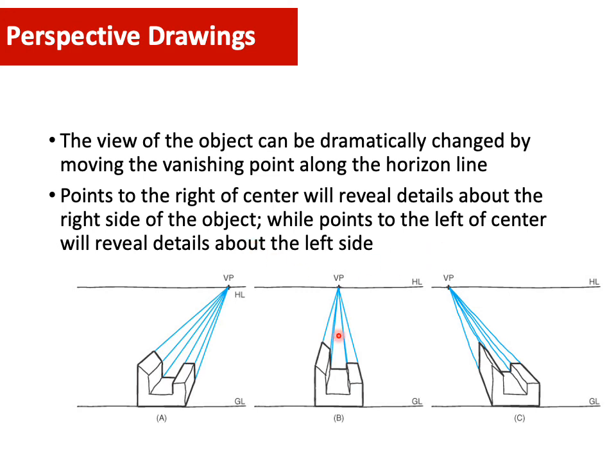In B, the VP is in the middle, the regular, standard one. And in C, the VP changes to your left side. Points to the right or center will reveal details about the right side of the object, while points to the left or center will reveal details about the left side.